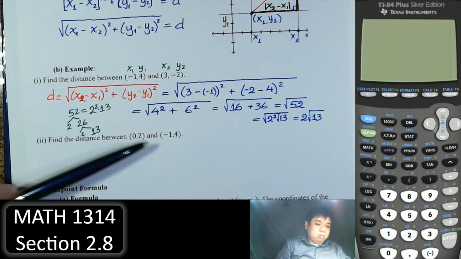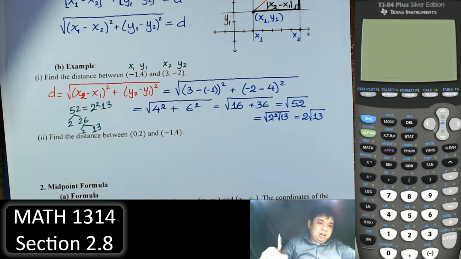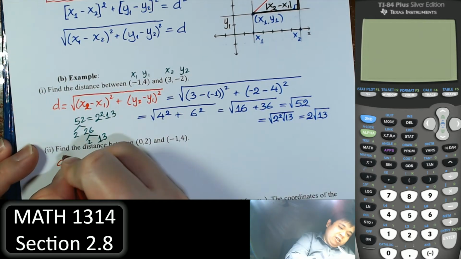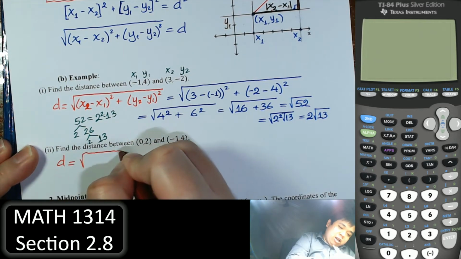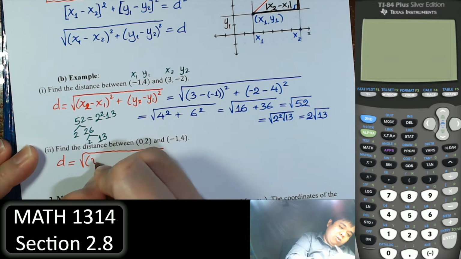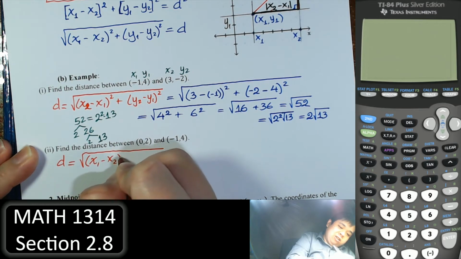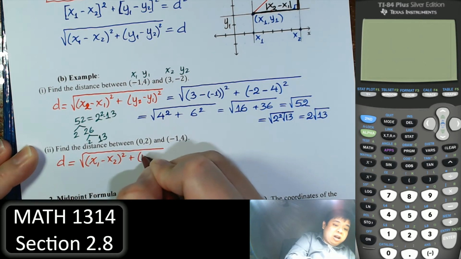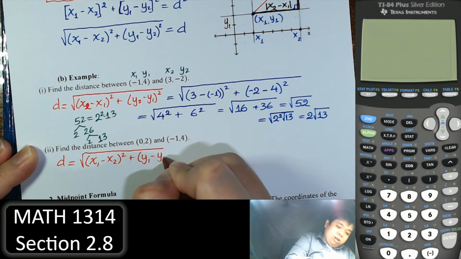Now find the distance between these 2 points. Once again, it doesn't matter x1 minus x2 or x2 minus x1, as long as the x minus the x, the y minus the y.